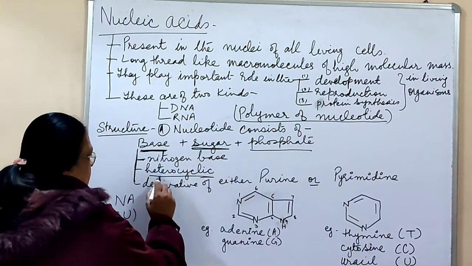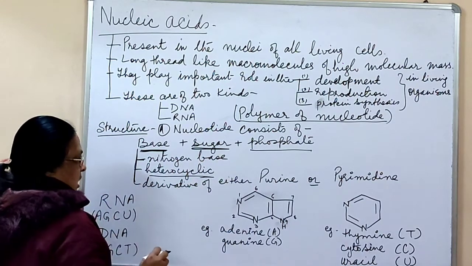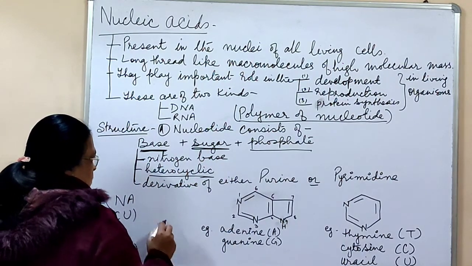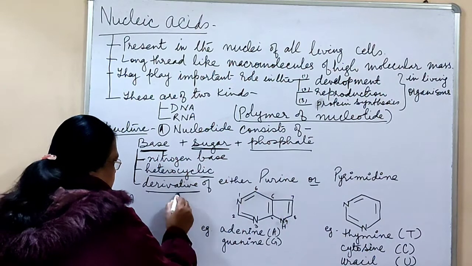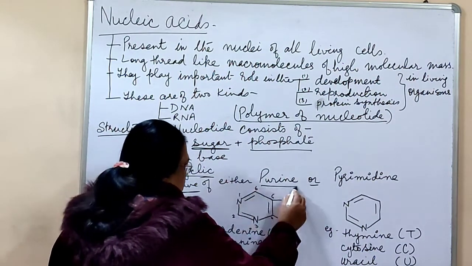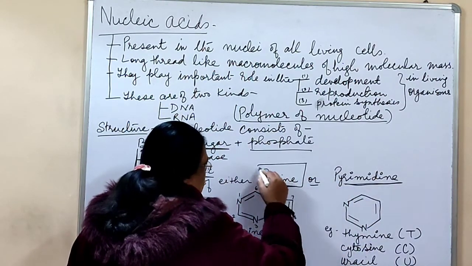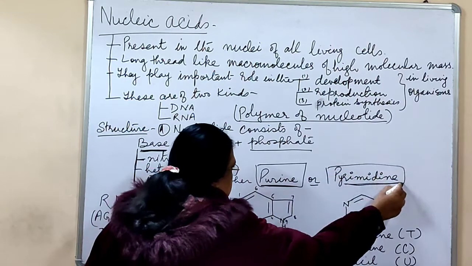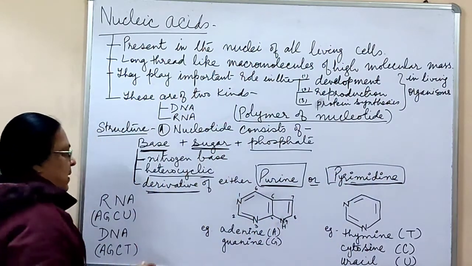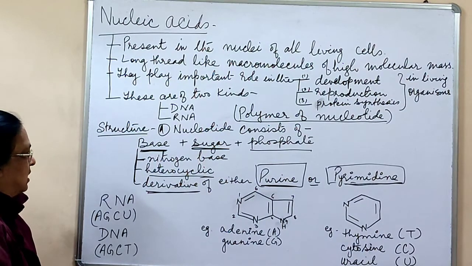And these are heterocyclic nitrogen bases, so they are called derivatives. These are derived from either purine or pyrimidine. You need to know these names. These names are important. These are the two bases present in nucleic acids, whether it is DNA or RNA.